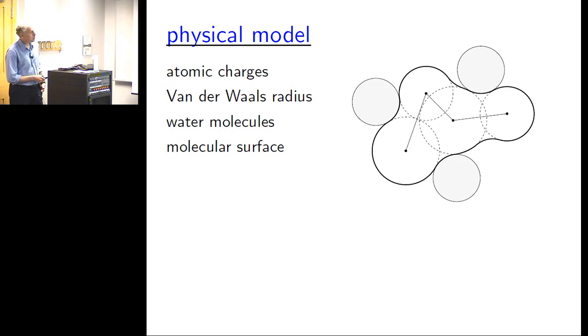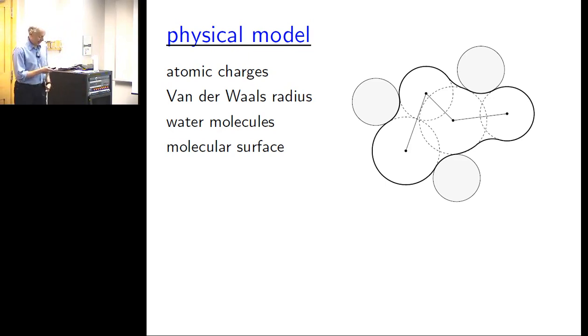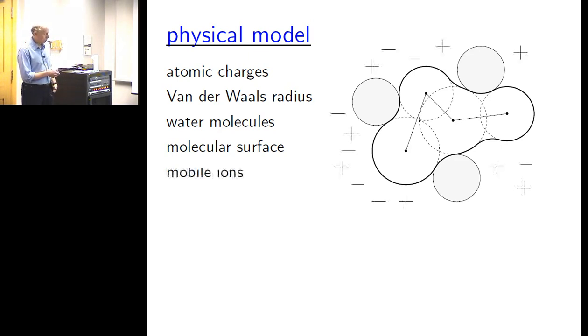So this separates the cavity, the protein cavity in here, from the solvent domain outside. And then finally, in the solvent, we can assume that there are mobile ions, dissolved salt.